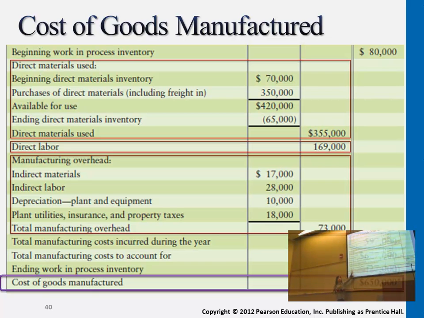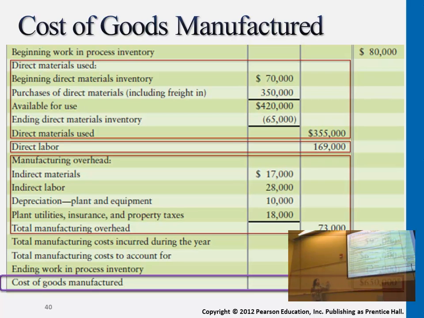We have utilities, insurance, property taxes, $18,000. Altogether, the total overhead will be $73,000. This is the third category, the cost incurred this year.